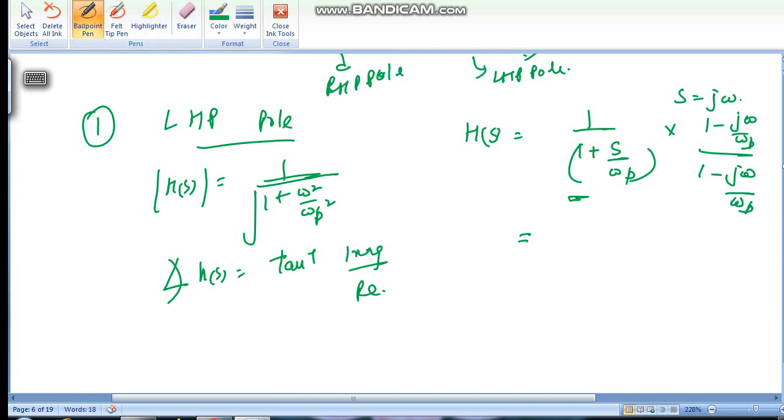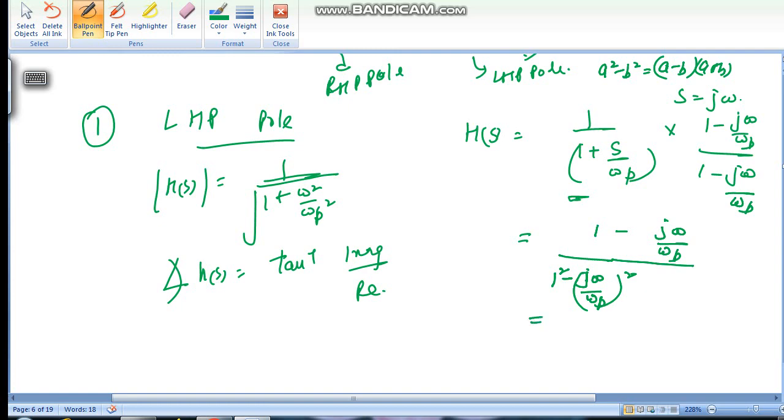It will come like (1 minus j omega upon omega p), and in the denominator a square minus b square equals (a minus b)(a plus b), so it will be 1 plus (omega upon omega p) square.